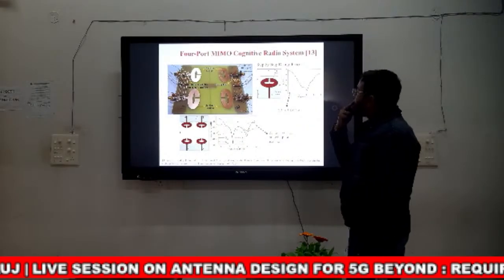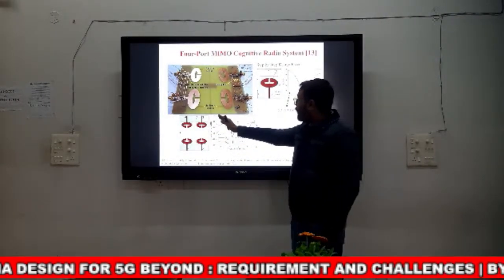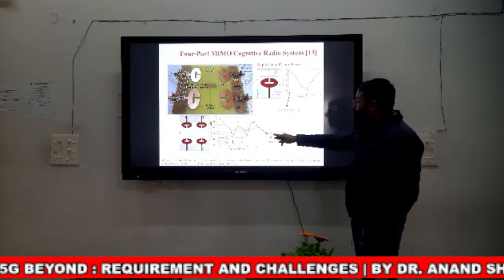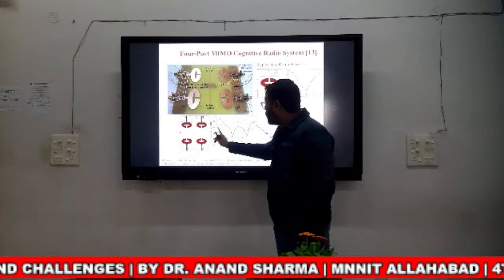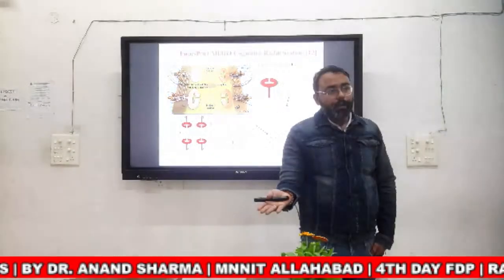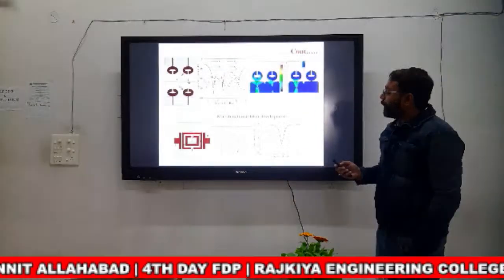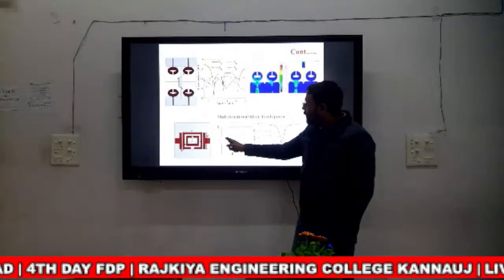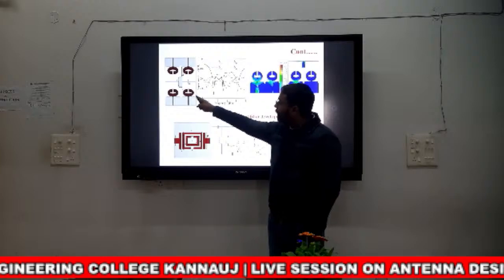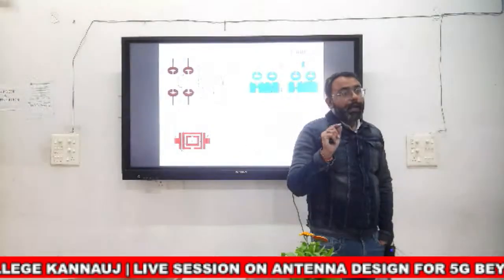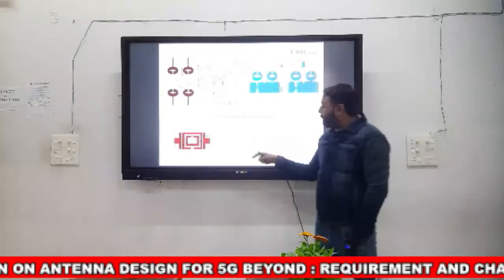Here, firstly, the author has designed a wideband antenna. The wideband antenna works from 2.5 to 5.5 GHz, and this antenna is used for sensing purpose because it is a wideband antenna. After that, the authors have used this CSRR structure in a field line and made this CSRR reconfigurable.